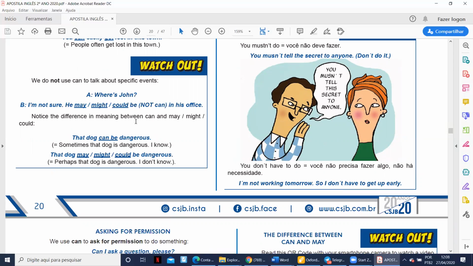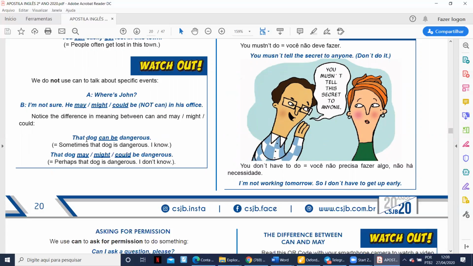As opposed to this example here, that dog can be dangerous. Like sometimes that dog is dangerous and I know it. So watch out for that dog, okay? Maybe the dog is not going to be dangerous with you right now, but that dog can be dangerous, okay?